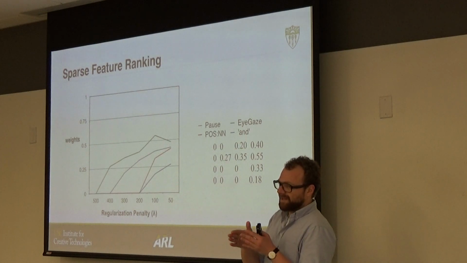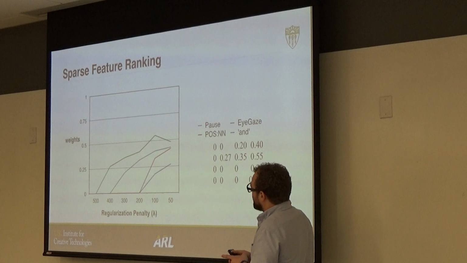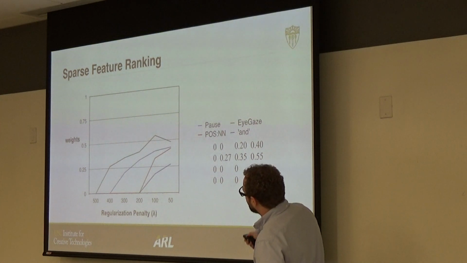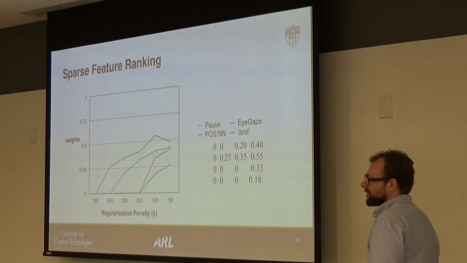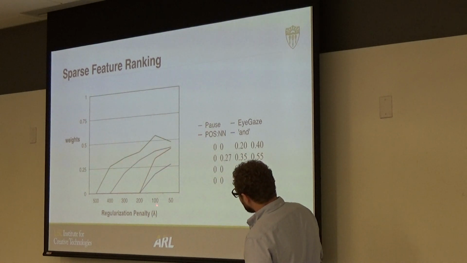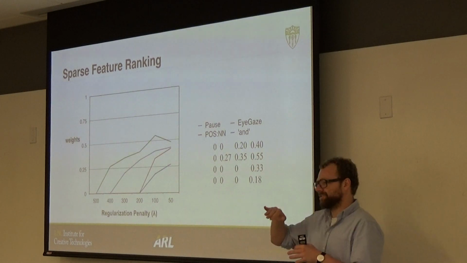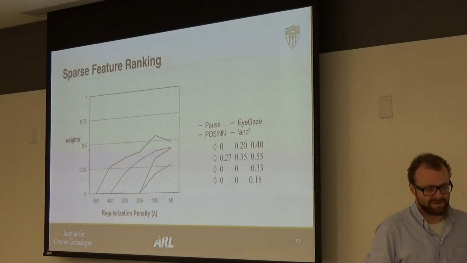So the smaller this value is, the more the features are being used and the larger the weights get. Maybe they also go down again, but the main idea is that if we change this parameter, different features are being used or not.